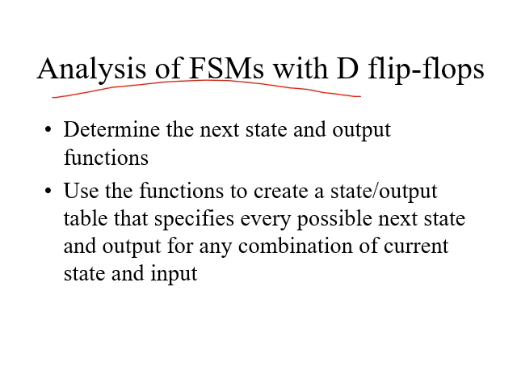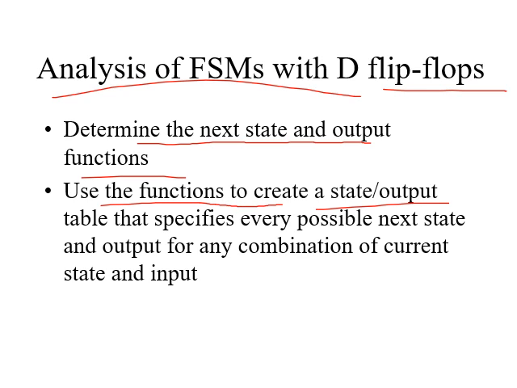Now let us see the analysis of FSMs with the D flip-flops. What we do, we have to determine the next state and the output functions as per the previous state we are having and the inputs provided. Then we use the functions to create a state or output table which specifies all the possible next states and output for any combination of current state and input.